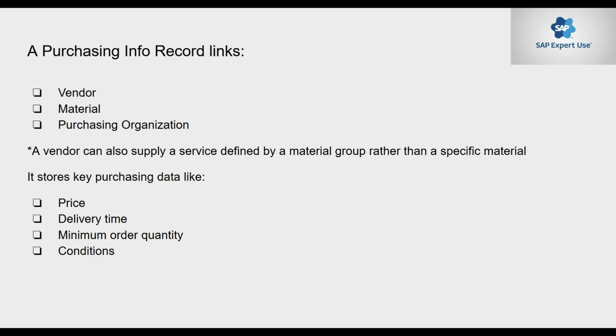In that case, we will create the purchasing info record at the material group level. The purchasing info record stores key purchasing data like price, delivery time, minimum order quantity, conditions, and so on. To make it easier to understand, think of it as the memory of your purchasing relationship with the vendor.